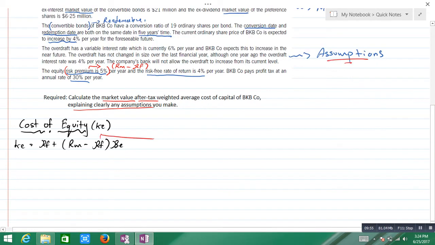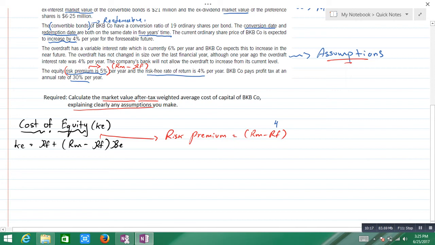Now this part is your risk premium, which is RM minus your RF. So you have to be very careful.